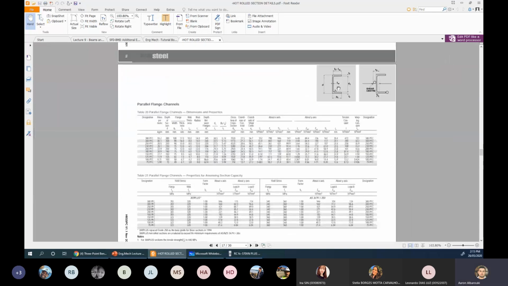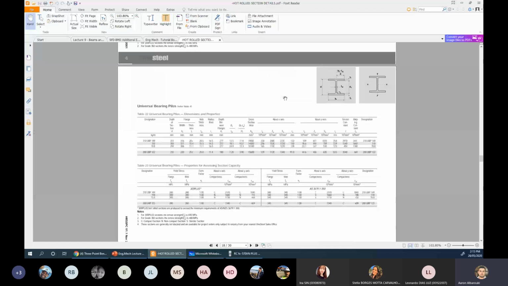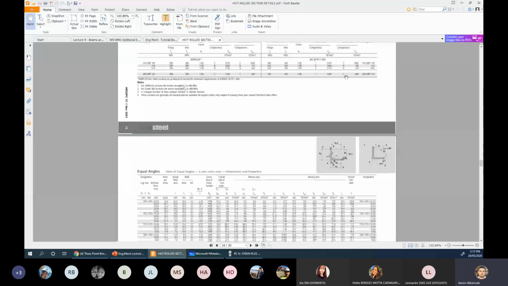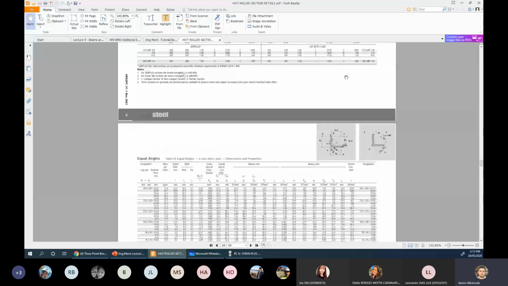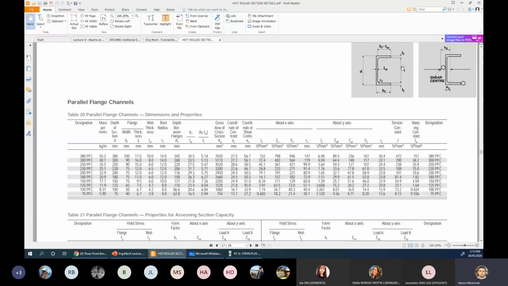Parallel flange channel. The two flanges are parallel to each other. That's the UCs. We have the tapered flange channel. I'll see if we have it on this catalog. If we don't, I'll find it somewhere else. So we have a different type of channel.